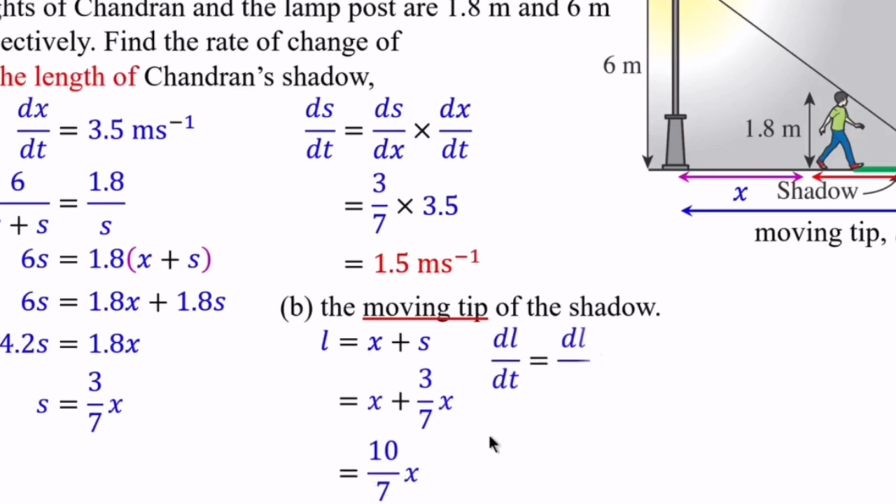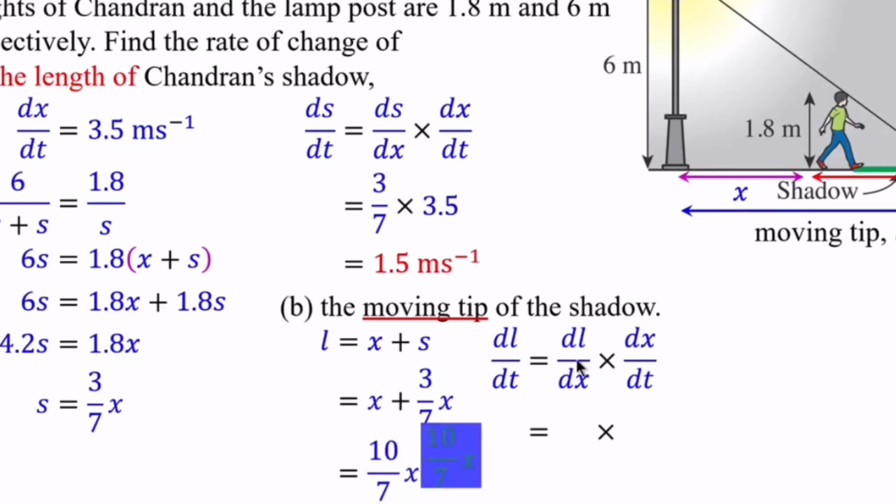Then we can find dL/dx, and finally we can find dL/dt. We differentiate, and dL/dx is 10 over 7. Then we use back the dx/dt from just now, so we find dL/dx times dx/dt. Then we can find the rate of change of L, the moving tip.